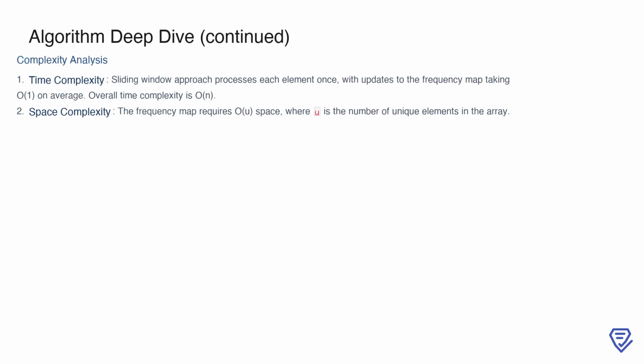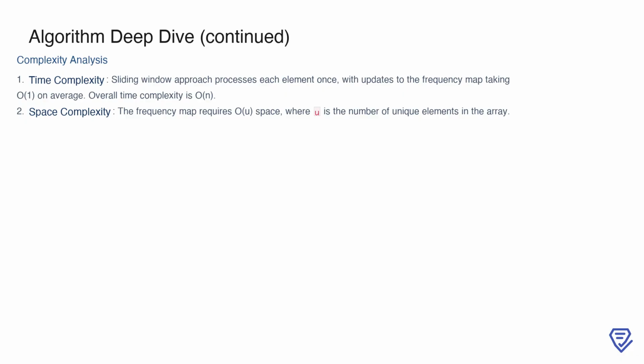Finally, let's analyze the complexity of our approach. The sliding window technique ensures that each element in the array is processed only once. With the frequency map allowing O(1) average time complexity for updates, the overall time complexity of the solution is O(n). This is a significant improvement over the brute force method, which required O(n squared) operations.